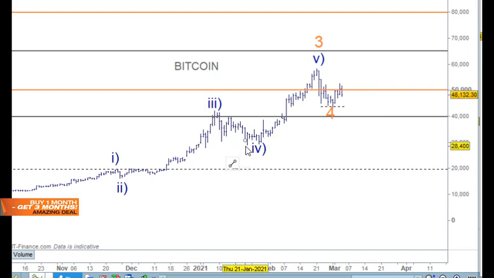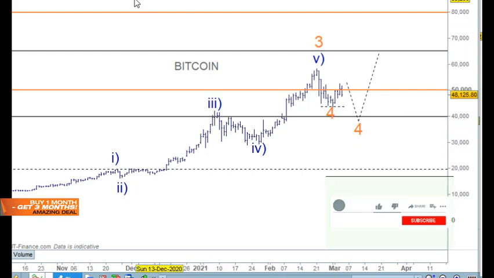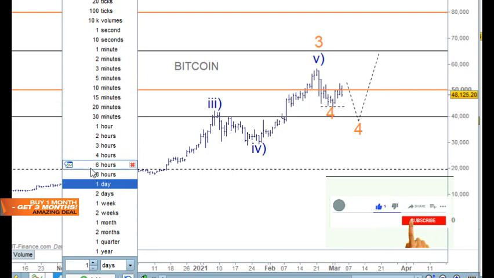In terms of fractals, this wave 4 is a fractal, this wave 4 is a fractal, but this wave 4 is one degree higher than this one here, so this one should be bigger than this one. That's what I'm thinking. For that to play out, we'd be looking at wave 4 coming in over here being a little bit larger. We talked about this originally, but I'm just going back over it. So yeah, anyway, that's that.